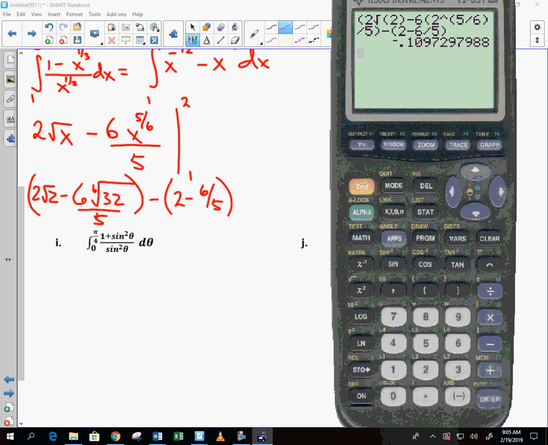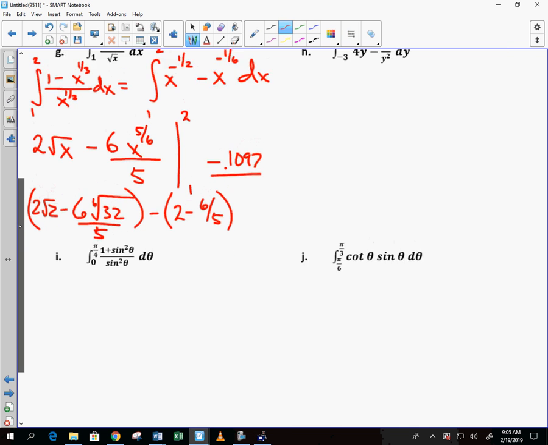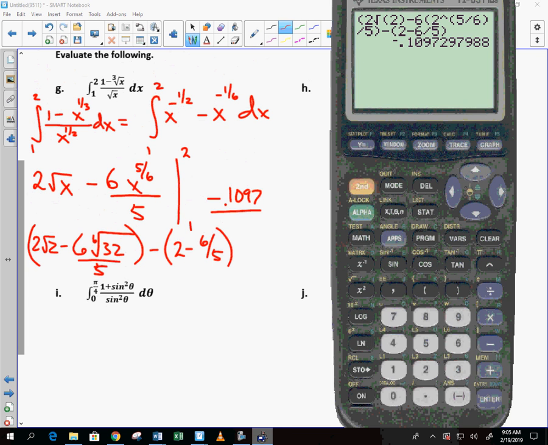I've got negative 0.1097. How could I check my answer? I could plug in the original in the calculator. I'm going to check that. I'm not feeling really confident.